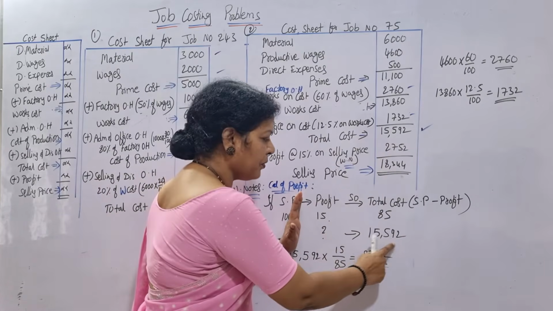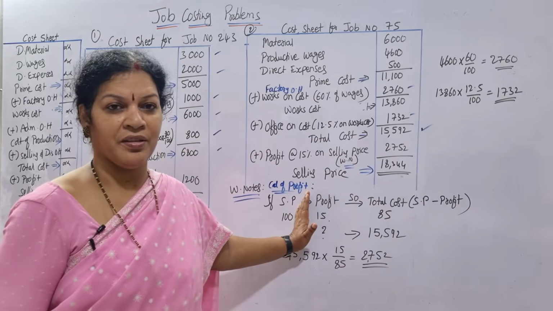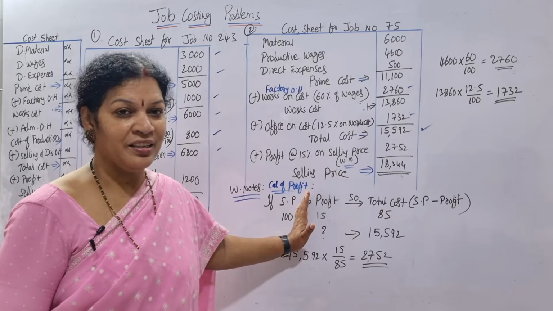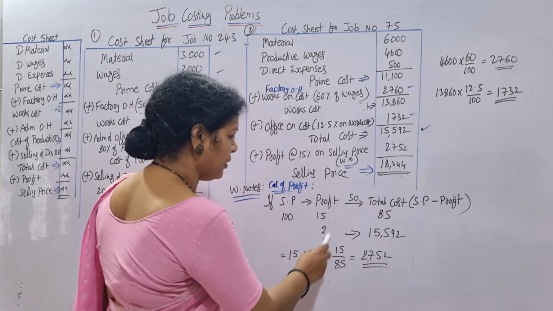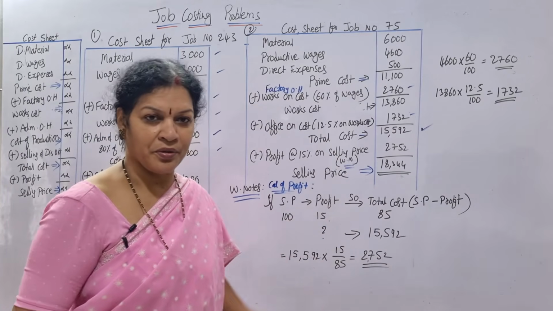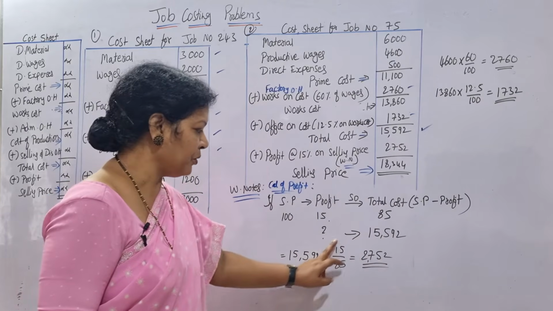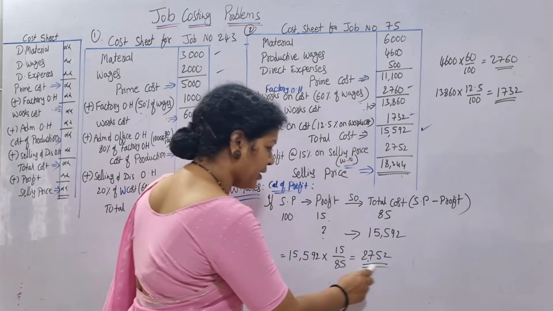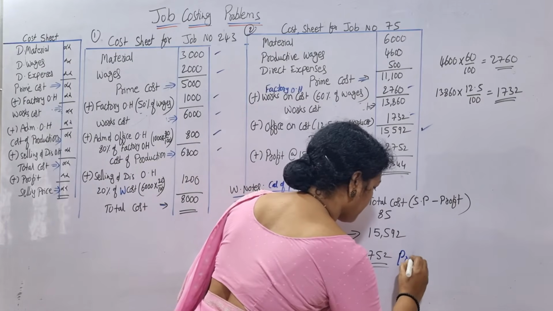For a total cost of 15,595, what will be the profit? Calculate it. Now here 15,595 into 15 by 85. You know this formula. So you are getting 2,752. This is the profit.